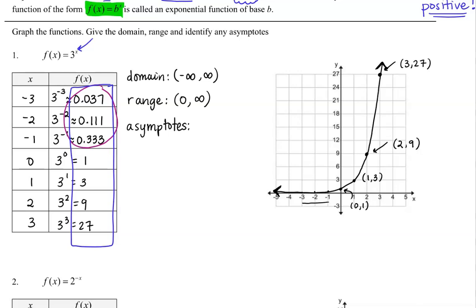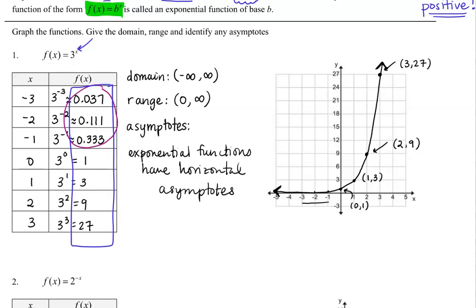In terms of asymptotes, exponential functions have horizontal asymptotes. And the horizontal asymptote is where the function is leveling out. The number that shows up in the horizontal asymptote, which always has the form y equals, should be the same number that we see in the range, because this function is leveling out along the horizontal line of y is equal to 0, the same 0 where the graph is leveling out to start its range.